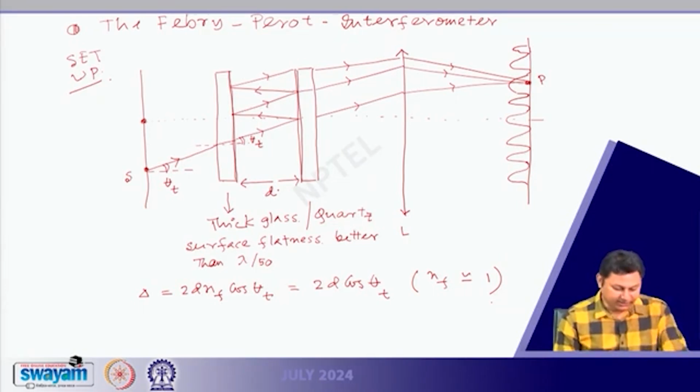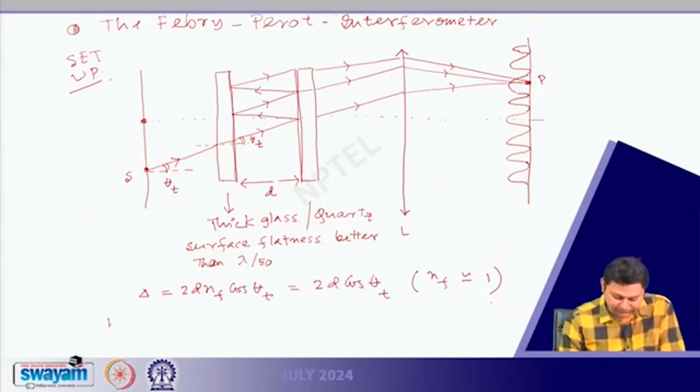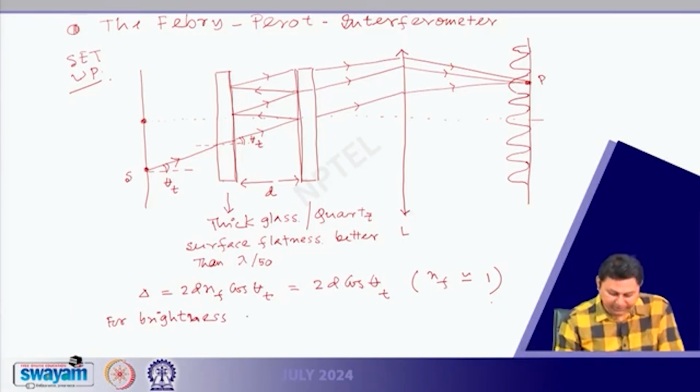So, for brightness at P, one simply has 2D cos theta t equal to m lambda for transmitted rays.